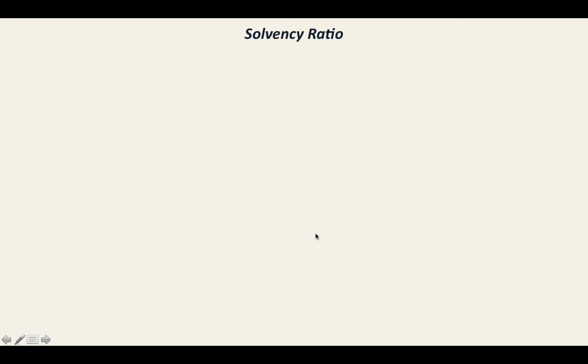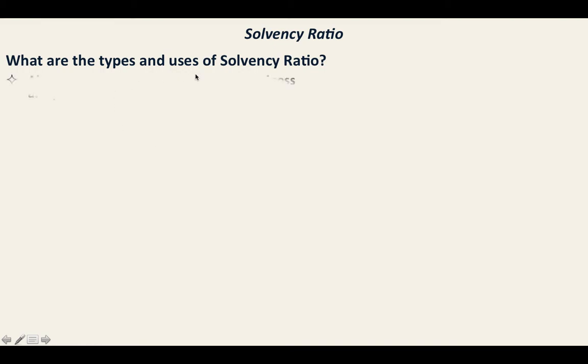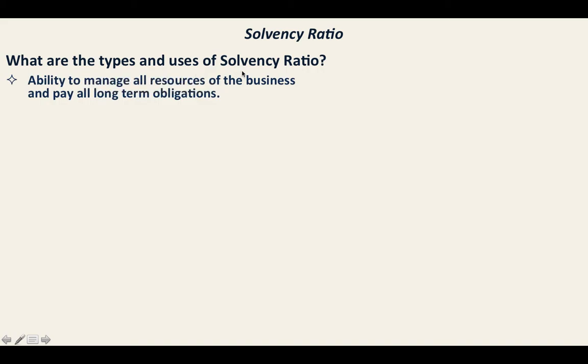Okay? So what is solvency ratio and what are the types and uses of solvency ratio? Solvency ratio is the ability to manage all resources of the business and pay all long-term obligations. Solvency ratio means that assets must be sufficient to meet long-term obligations.